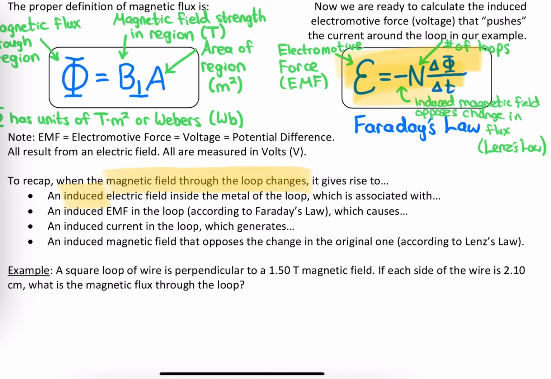That EMF, which is basically just a voltage, will now cause an induced current to flow in the loop. And when I have a current flowing, that current generates an induced magnetic field in the loop. And that magnetic field opposes the change in the original magnetic field. And that opposing the change comes from Lenz's law.